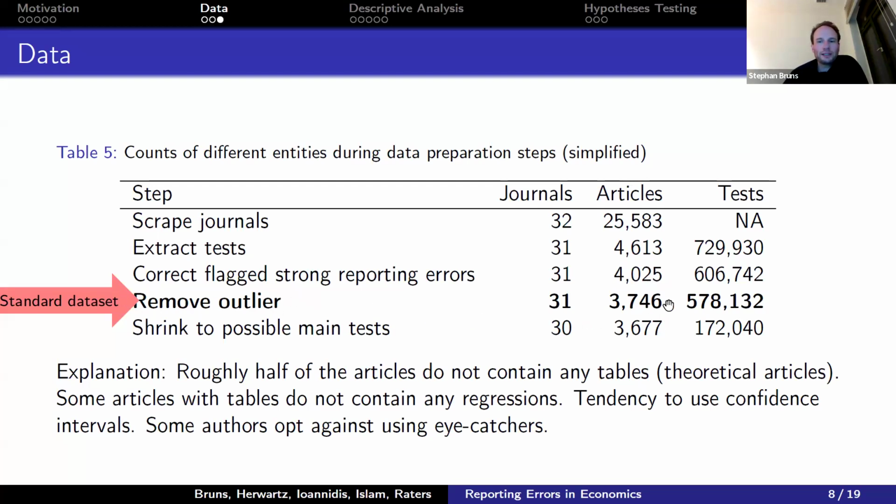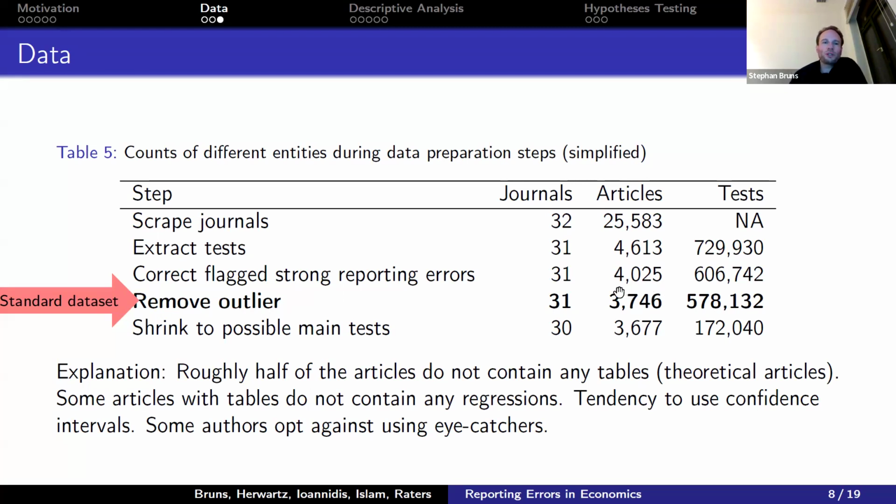So what are outliers? For us, an outlier was if we have 100% reporting errors because the article says standard errors in parentheses, but it's actually t-values. And we thought that this is not something that we want to label as a reporting error because the reader can easily spot this and correct this in his or her head.